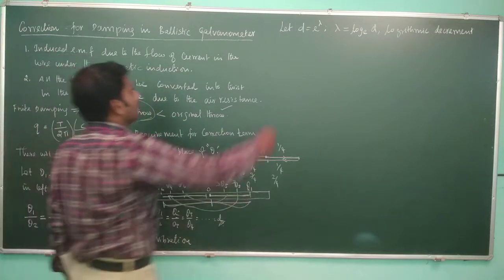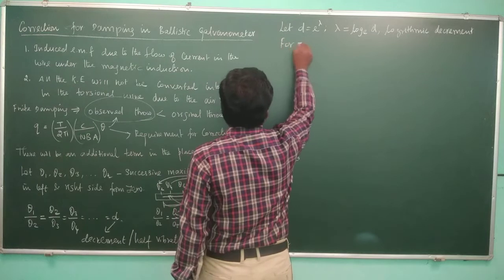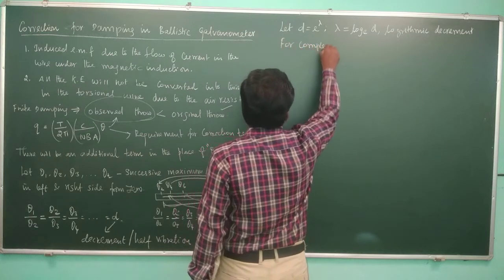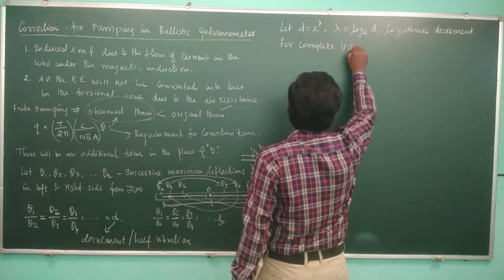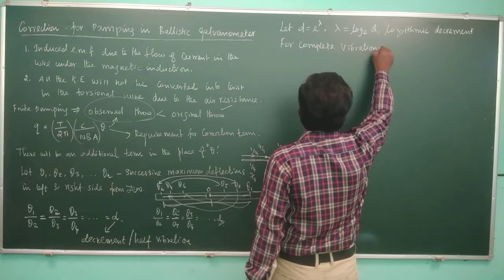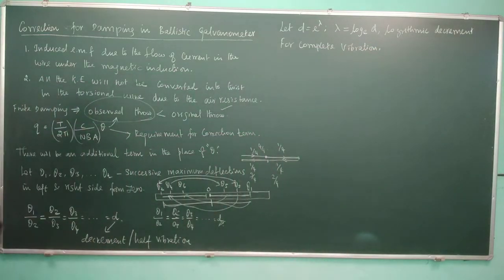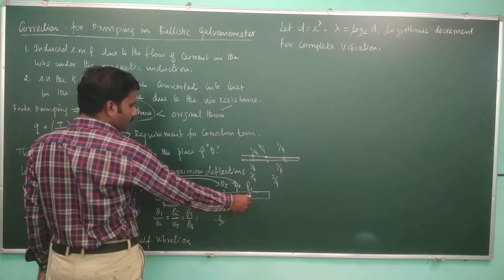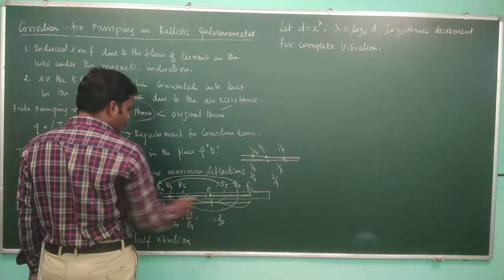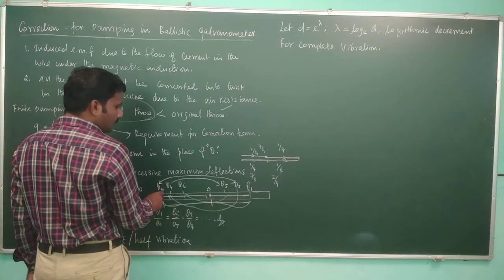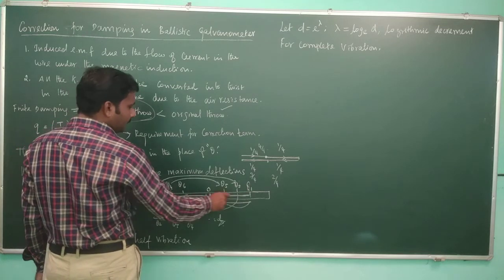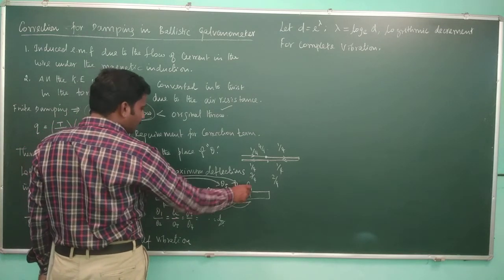Suppose you want it for a complete vibration, how would you write the ratio? Complete vibration means you start from theta 1 to theta 2, then again to theta 3.